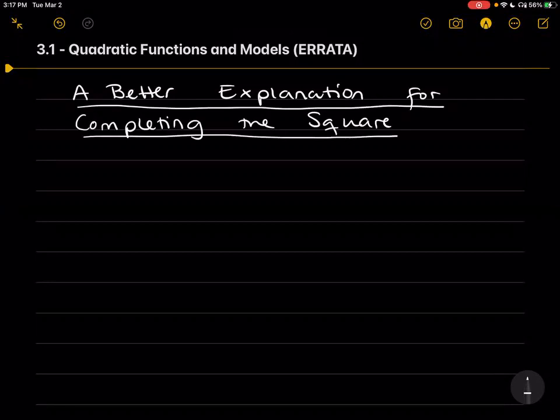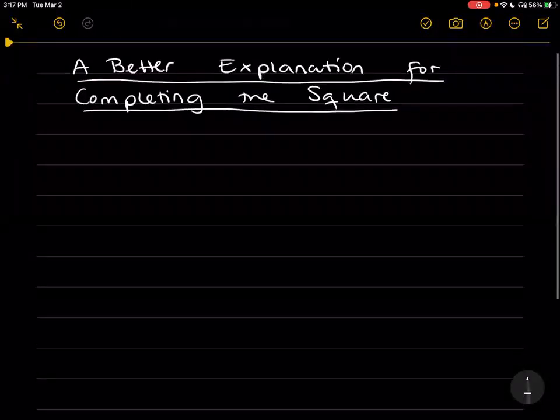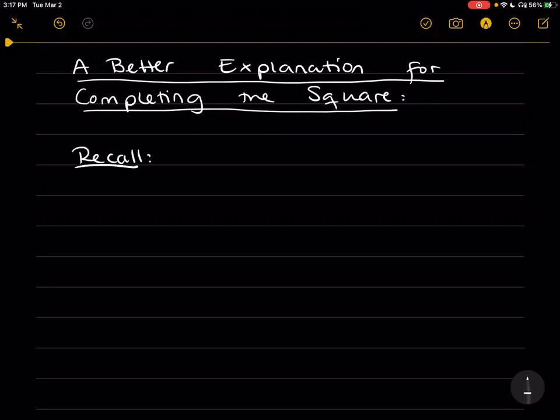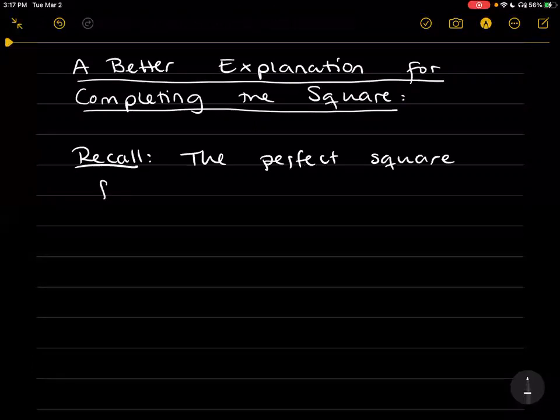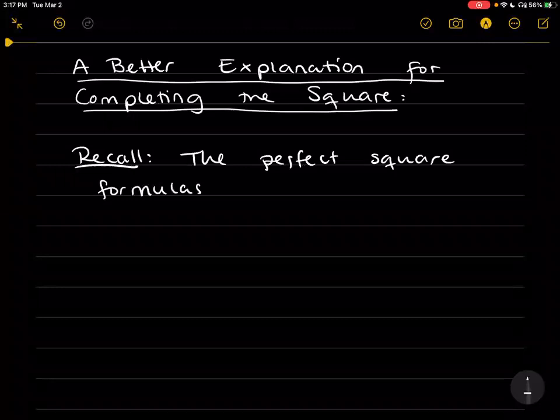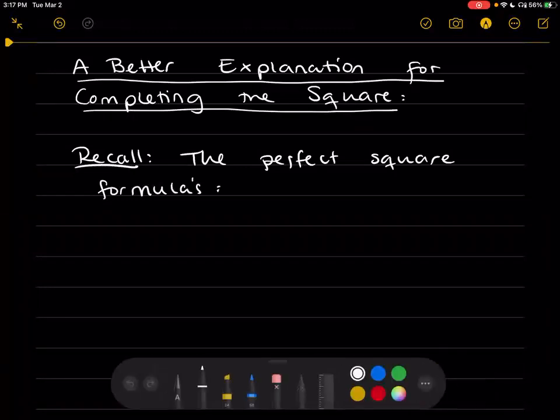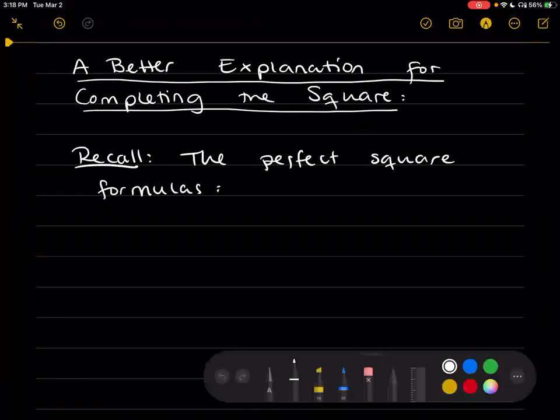Okay, so completing the square is just like a special application of the perfect square formulas. So recall these formulas, we saw them all the way back in chapter 1.